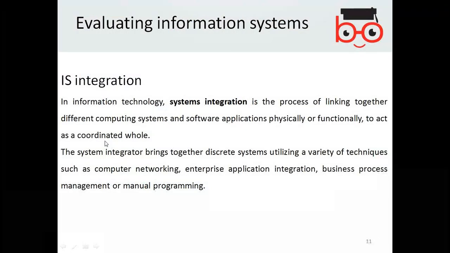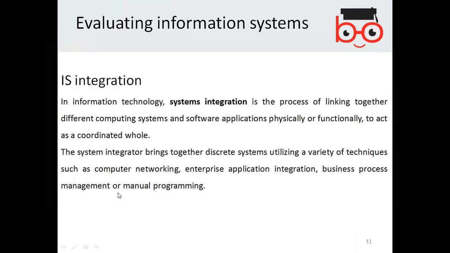Now we look at the integration. In information technology, system integration is the process of linking together different computing systems and software applications physically or functionally to act as a coordinated whole. The system integrator brings together discrete systems utilizing a variety of techniques such as computer networking, enterprise application integration, business processes, or manual programming.